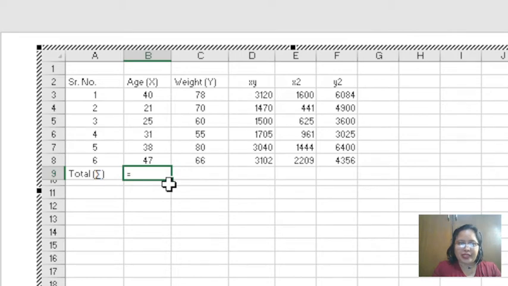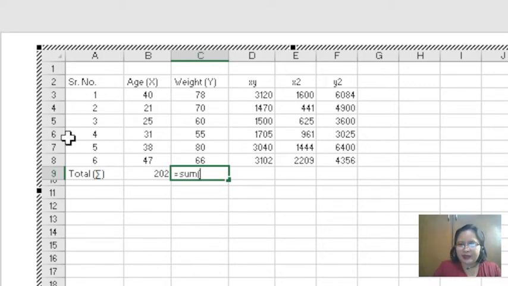So, summation of x. Okay, so you have to add all the values.